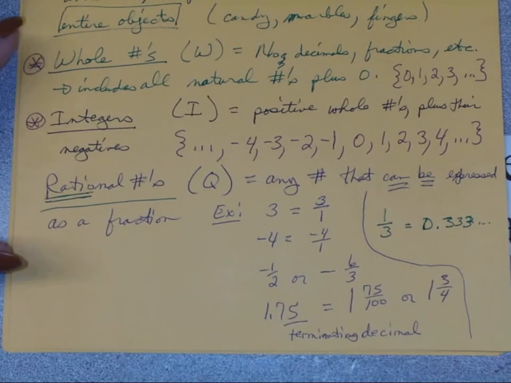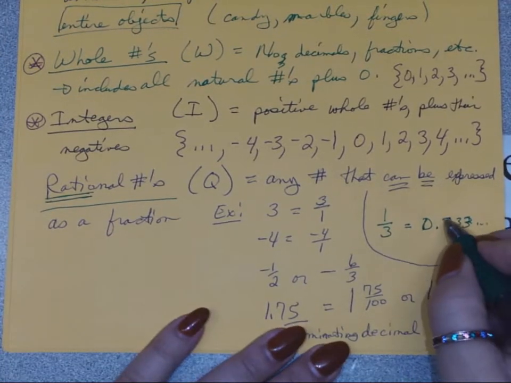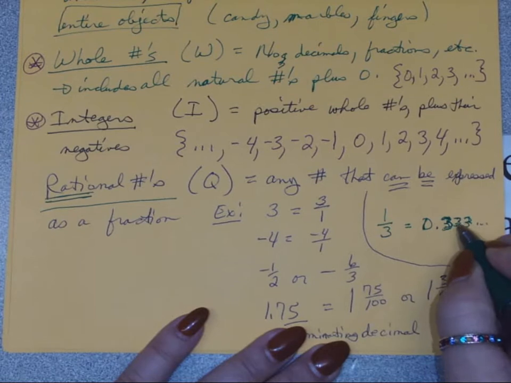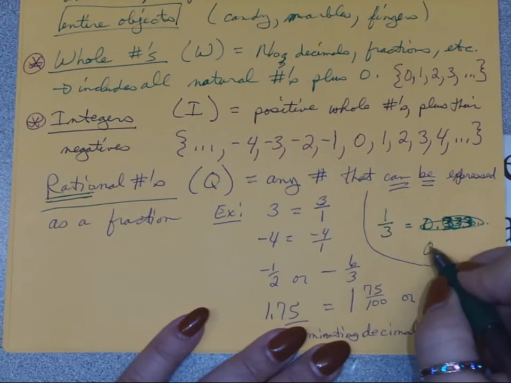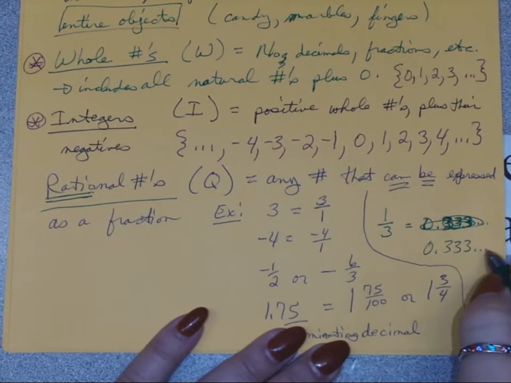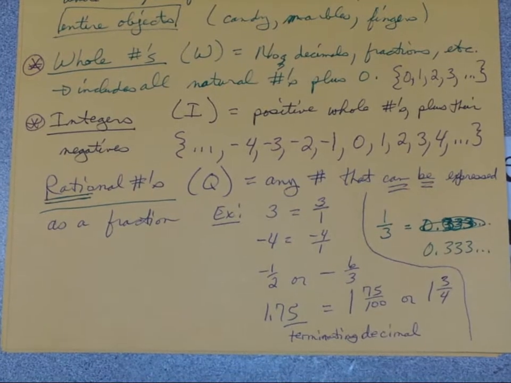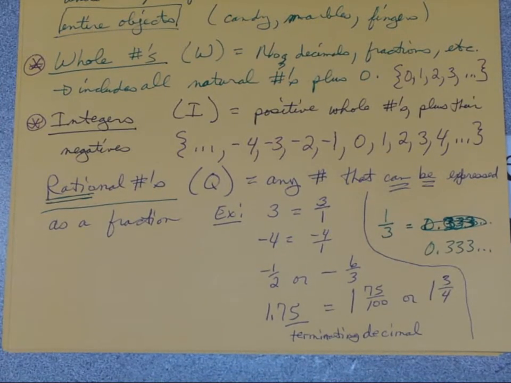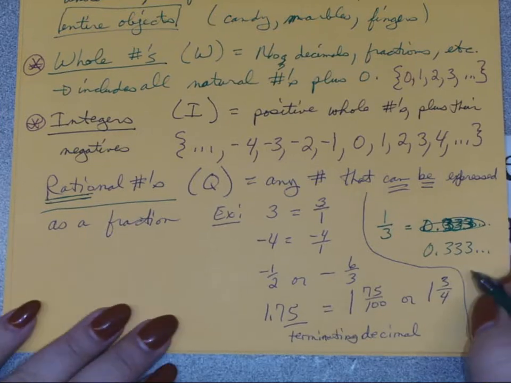So 0.333. This particular one is not a terminating decimal, but it's definitely a repeating decimal.